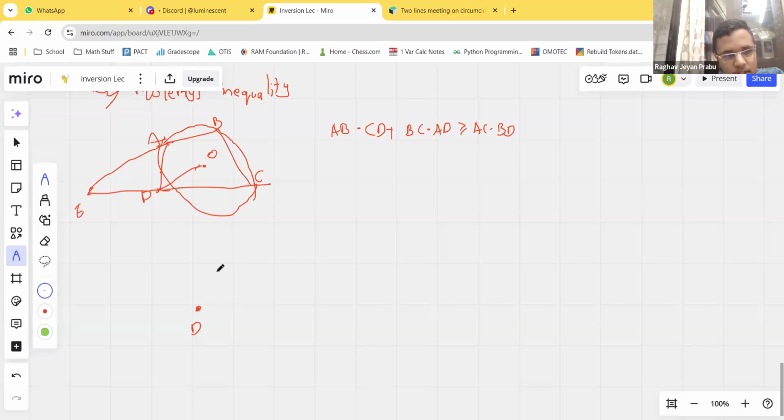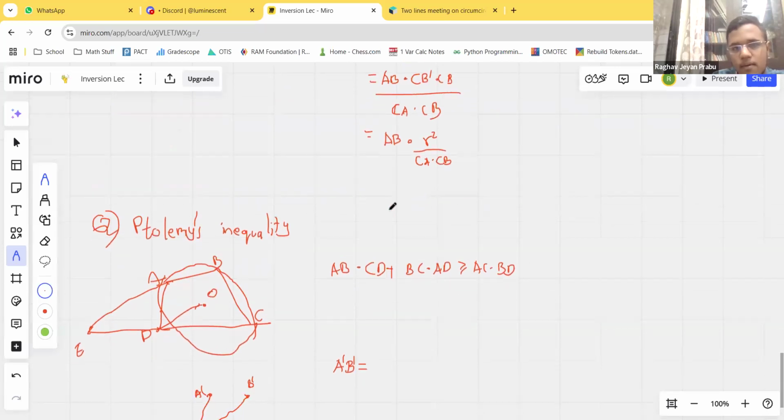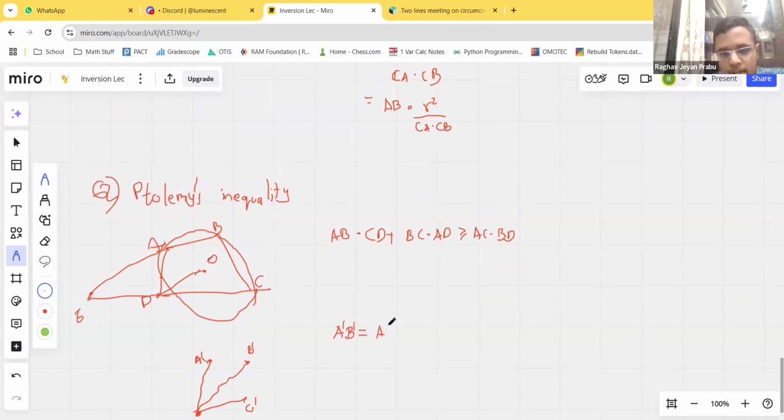So D will be here, then A dash will go somewhere, B dash will go somewhere, C will go to C dash. And now what happens here is that A dash B dash will be equal to, by the formula we showed above, AB times R square by dA times dB.